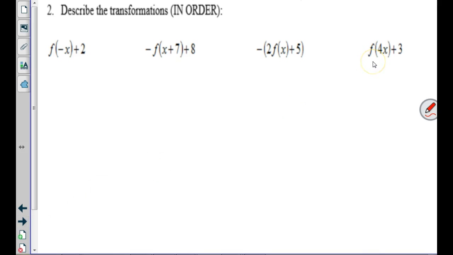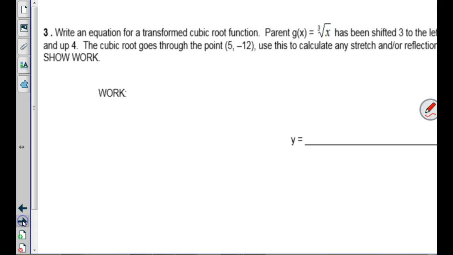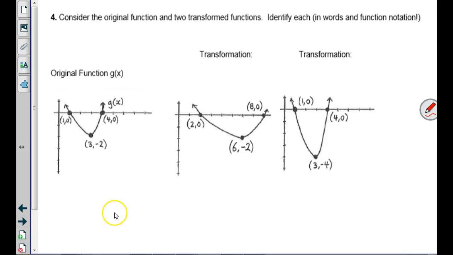Number 4. Do we need 3? Okay. All right. So you need to tell me what happened from this to this. Did the x's change or did the y's change? The y's are all the same, right? So the x's changed, which means the change happened where?